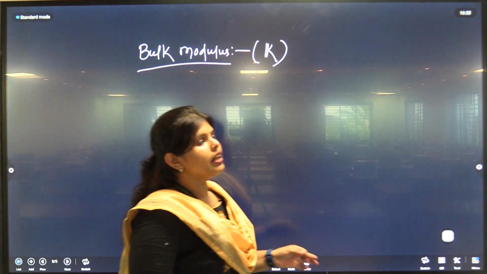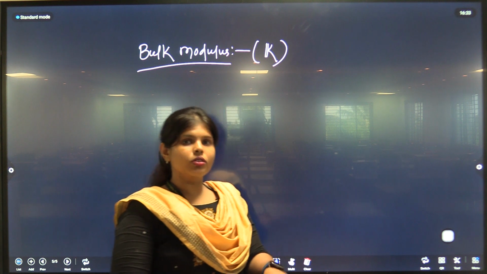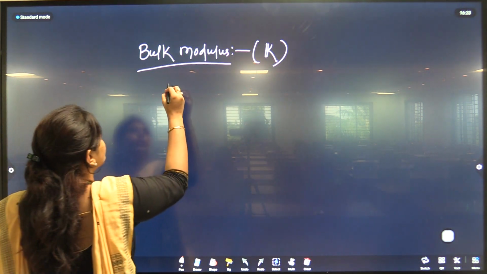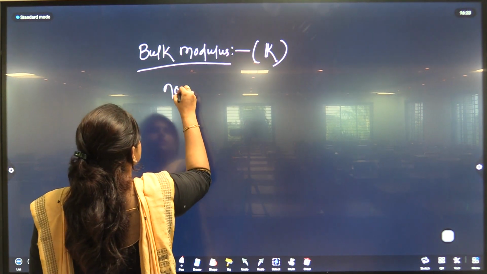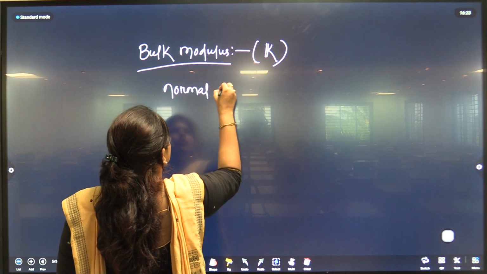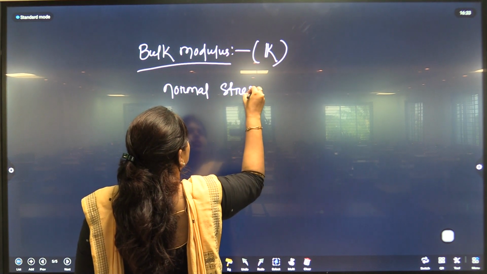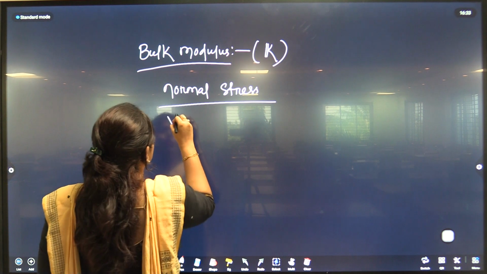Volumetric strain is the change in volume to original volume.